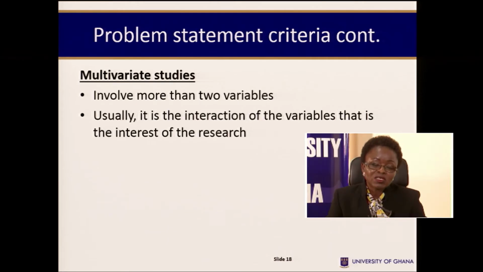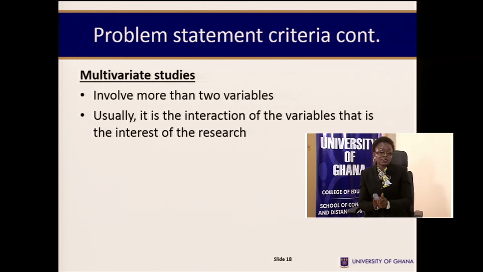So here an example is reading habits and knowledge development. If you design a problem to include the two, it means you are doing a bivariate study, or you have two variables in the study. Now, there may also be research problems that involve more than two variables, and as I said, those are called multivariate studies. Usually the researcher is interested in the interaction between the variables.